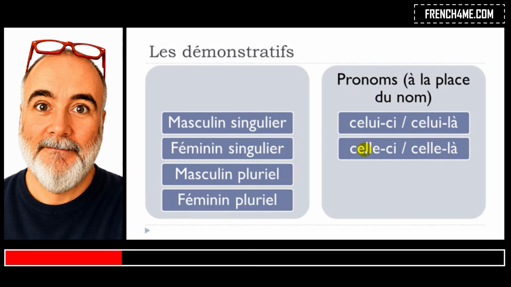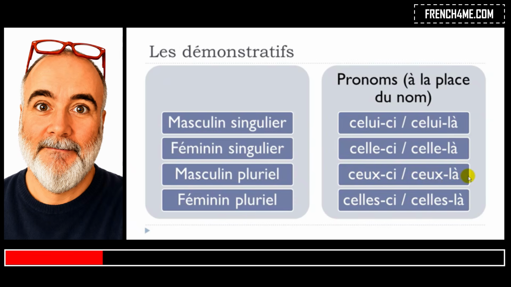Same thing with the feminine form, celle-ci, celle-là, all right? And then for the masculine plural, ceux-ci, okay, remember final X is not pronounced, so you get the sound ceux-ci, and then ceux-là, all right? Feminine plural, celles-ci, okay, don't pronounce the final S, celles-ci, celles-là, all right?